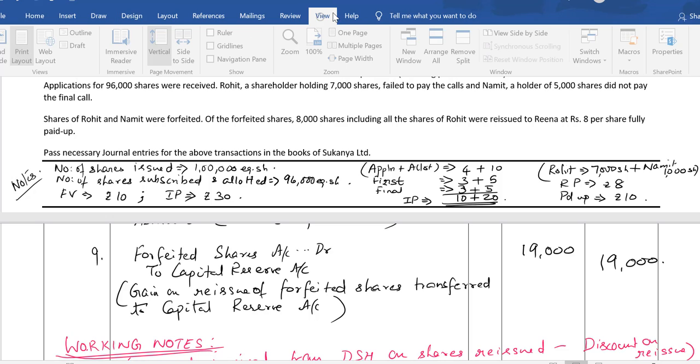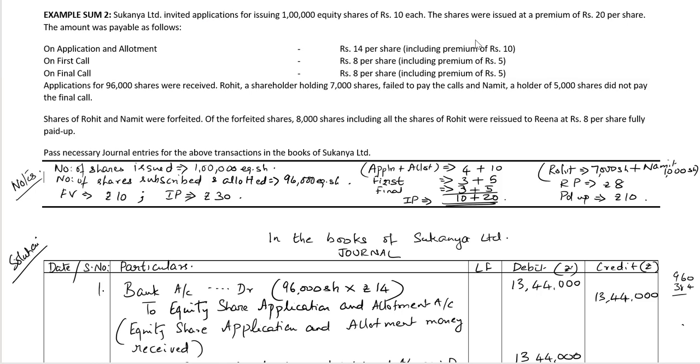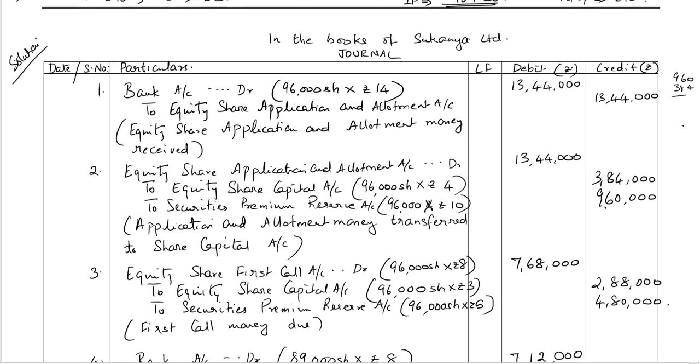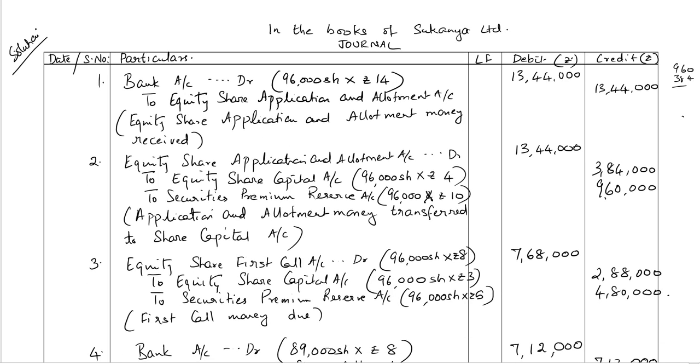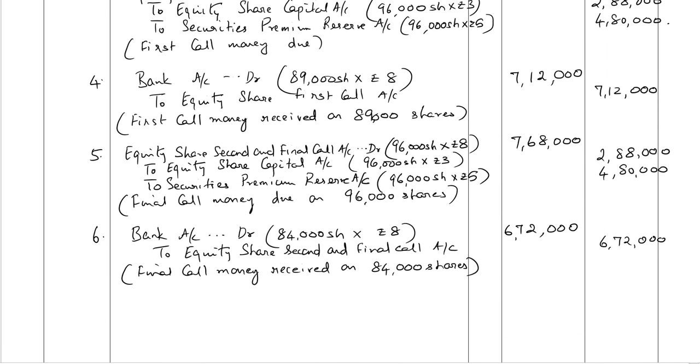I will remove the split and we can view the answer together. This is the first screen of the journal entry. This is the second screen.